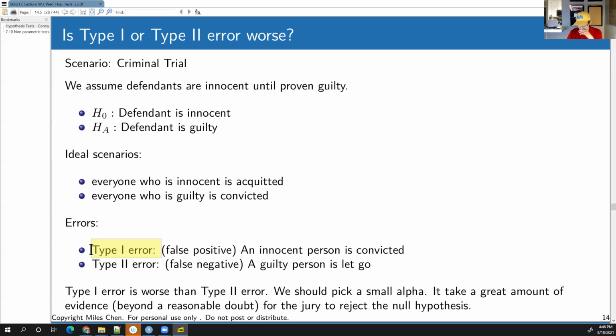I'm not trying to get into some ethics debate here, but one argument against the death penalty and capital punishment is just that as a society, we don't want to ever execute an innocent person.